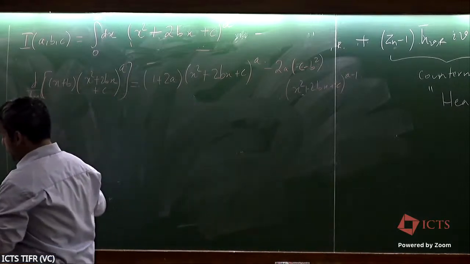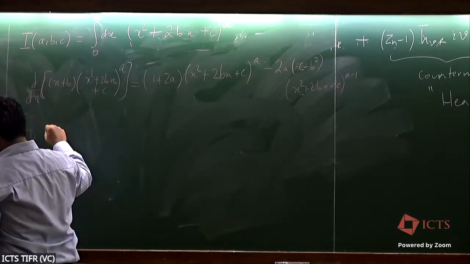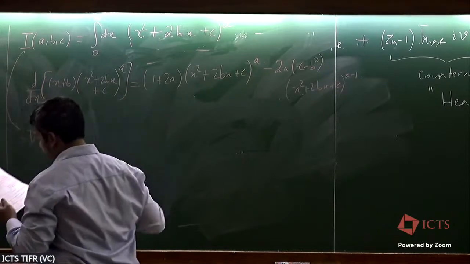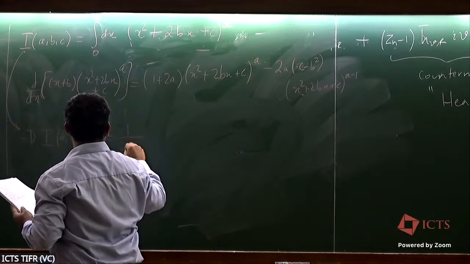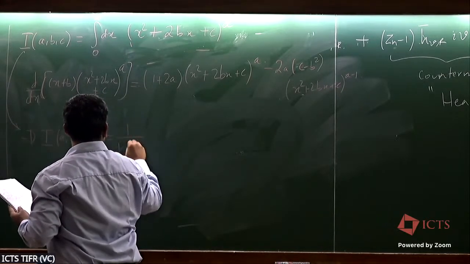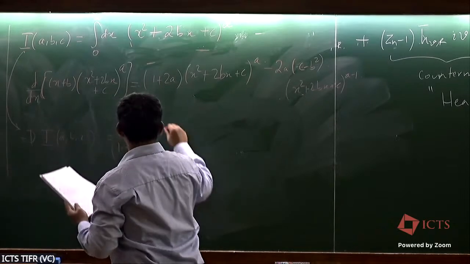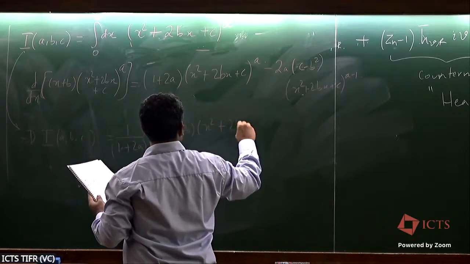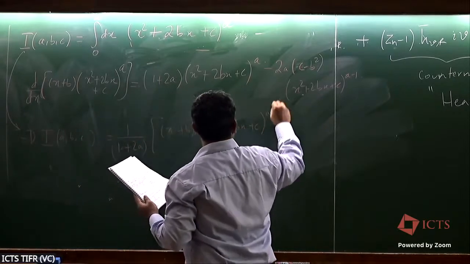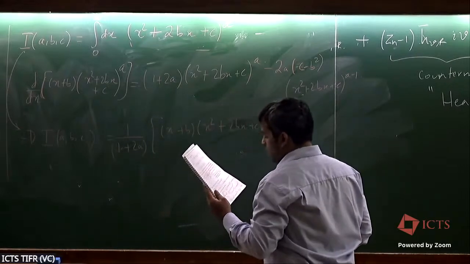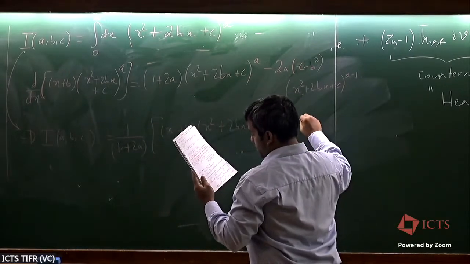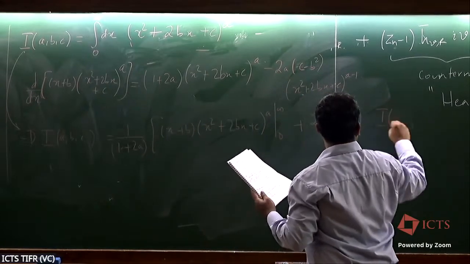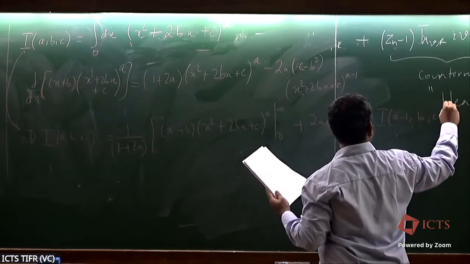If you use this identity, this integral I of A, B, C would go down as 1 by 2a times [x plus b, x squared plus 2bx plus c raised to a, from 0 to infinity], plus 2a c minus b squared times I of a minus 1, b, and c.